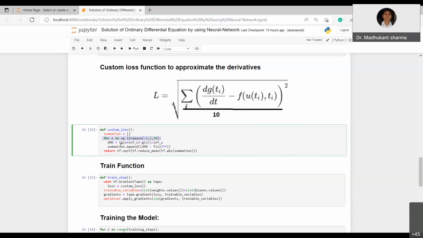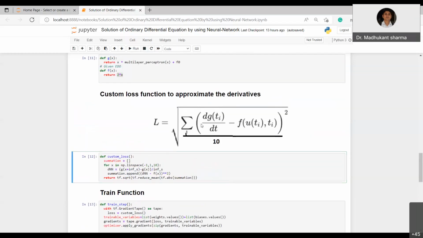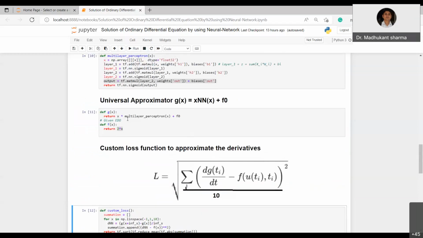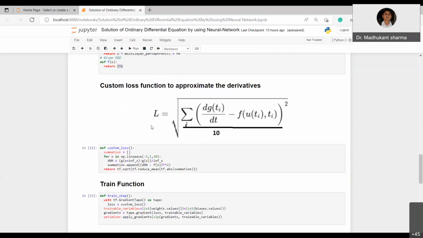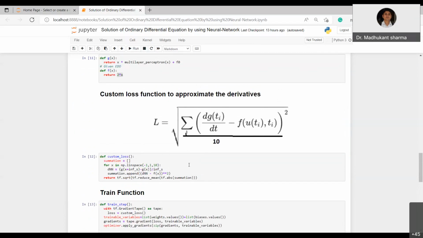After that, we define DNN as a derivative, meaning the derivative of our defined g of x function. Then by using the append function we can sum that, and by using reduce mean, we can take the average of that loss function. So here we have defined the loss function.